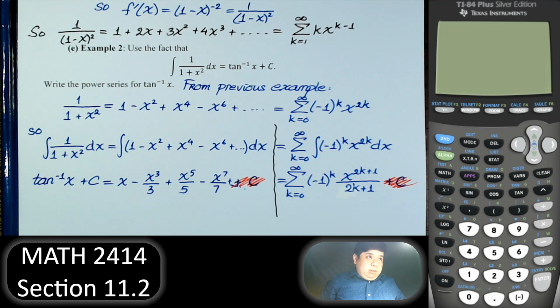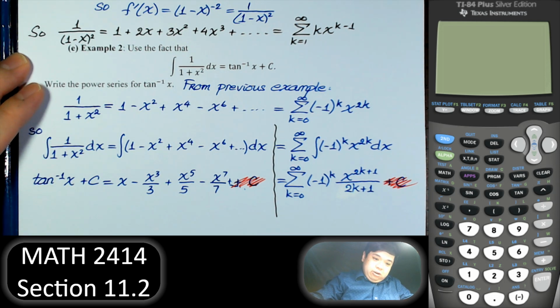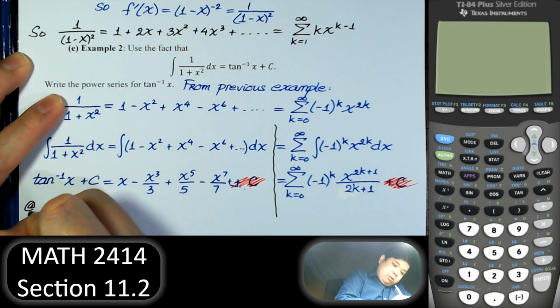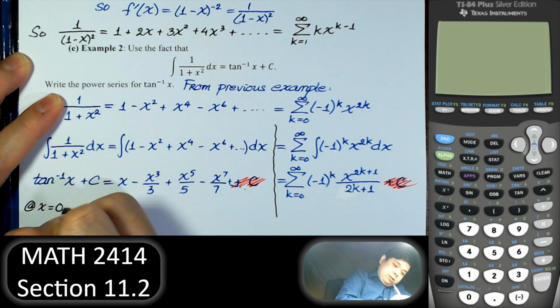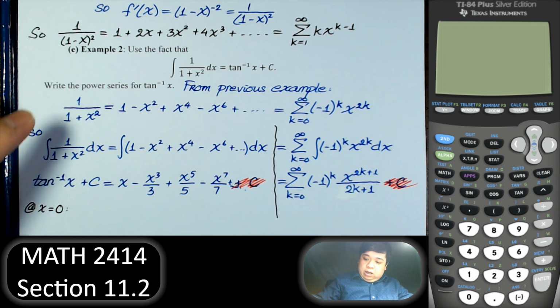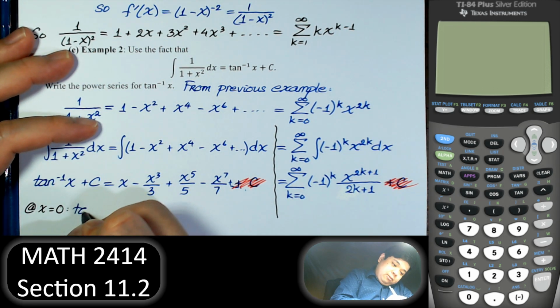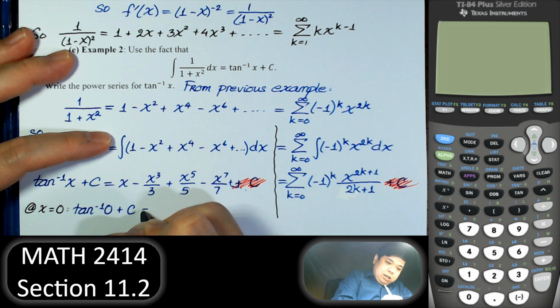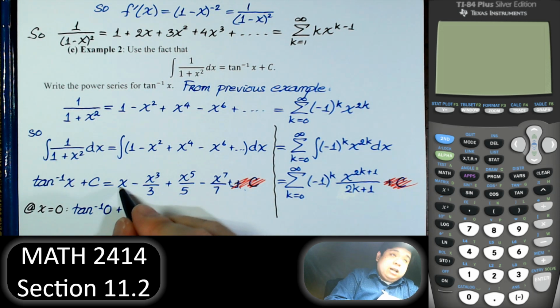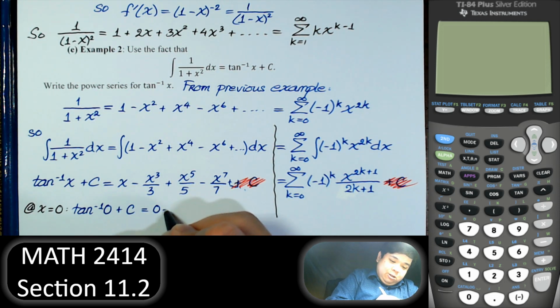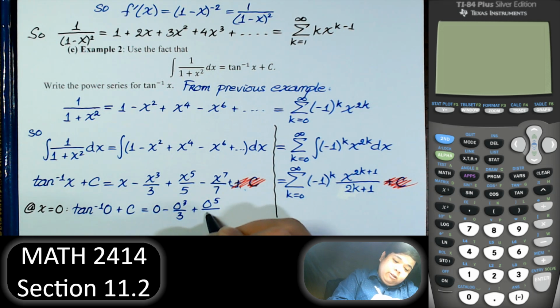Now let's just solve for some values for it. At x equal to 0, this is the initial value problem, so we solve for that. If x equal to 0, we start with tangent inverse of 0 plus c equal to, for all x equal to 0, right? 0 cubed over 3, 0 to the 5th over 5, 0 to the 7 over 7.